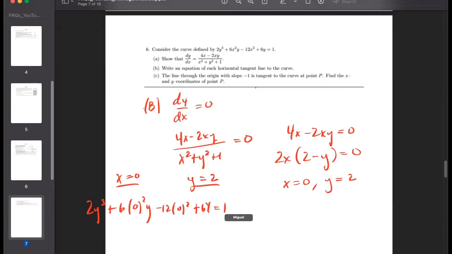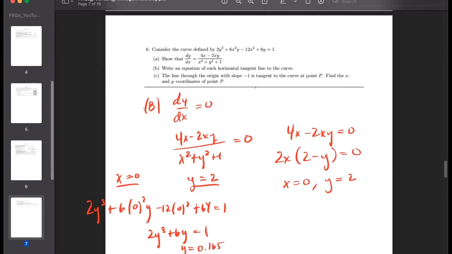Simplifying, this becomes 2y cubed plus 6y is equal to 1. This is probably a calculator portion, so we use our calculator to find the y value where this equals 1, and that is y is equal to 0.165.